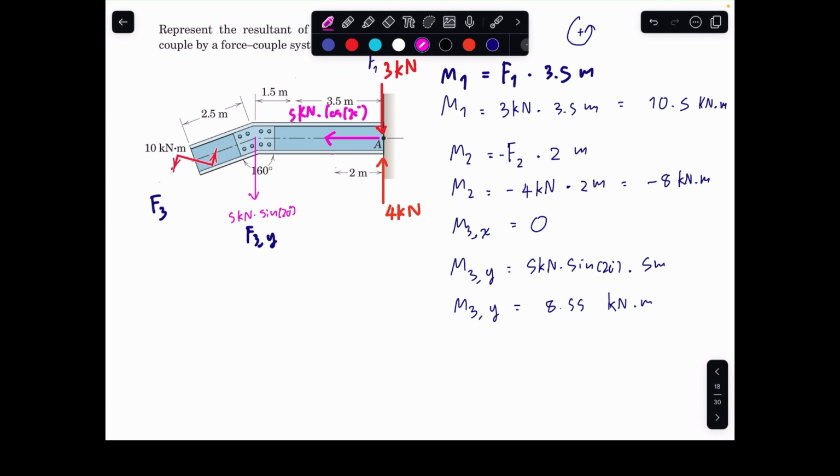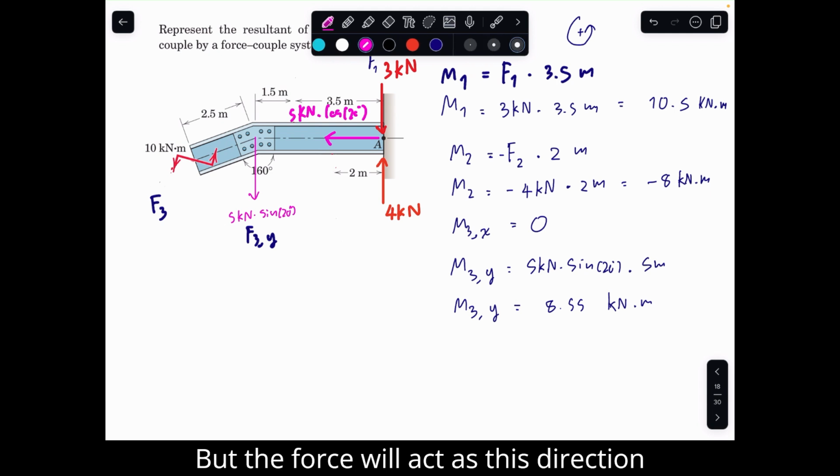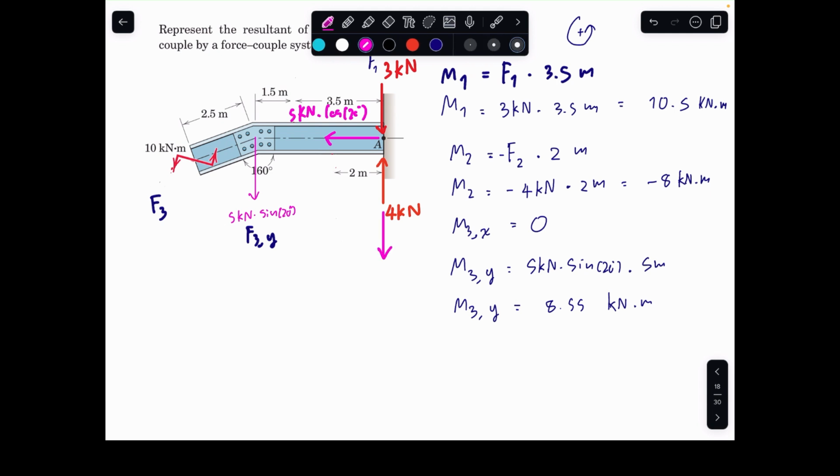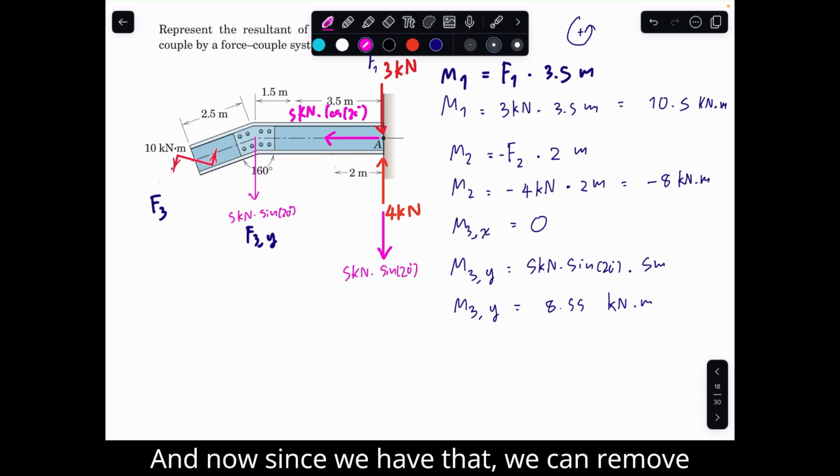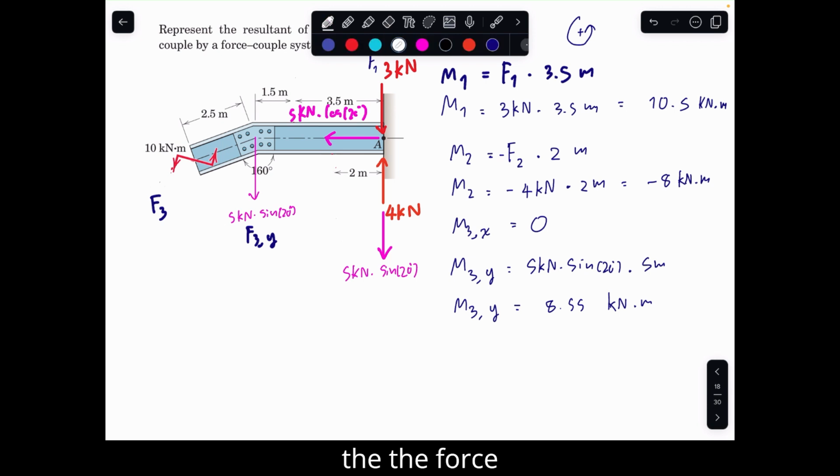Now when we calculate the moment, that means we can move the force into point A, but the force will act in this direction with a magnitude of 5 kilonewton times sine 20. And now since we have that, we can remove the force that was previously here.